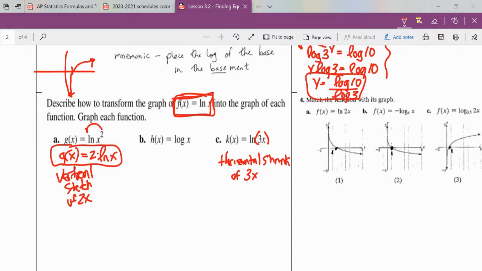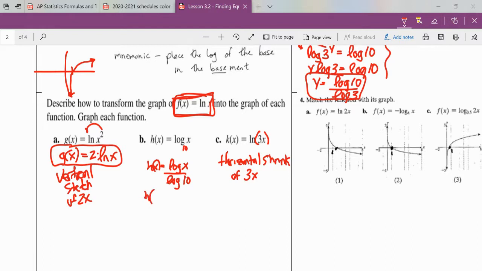Now this one is a little more complex because we're going from a natural log to a common log. So really, this is like base 10. If we use the change of base formula we just talked about, we could write this as h of x equals log of x over the log of 10. Earlier I said it doesn't matter what you change those bases to. I just chose 10, but as long as the bases match, that's fine.